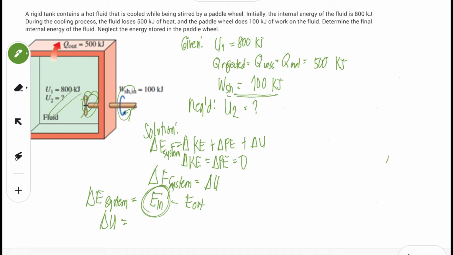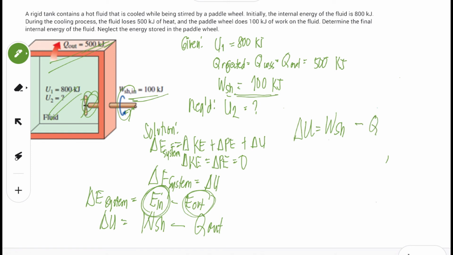What is the leaving energy? From the figure, that is the heat loss. So the change in internal energy is equal to the shaft work minus the heat transfer.